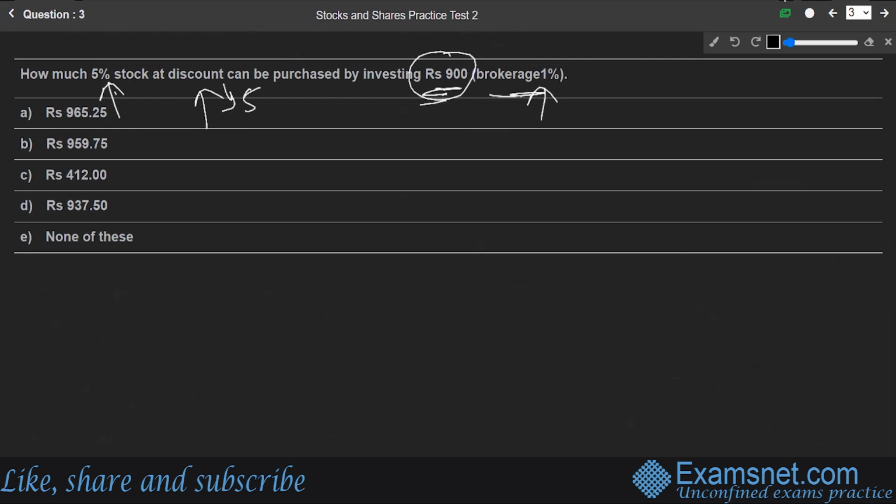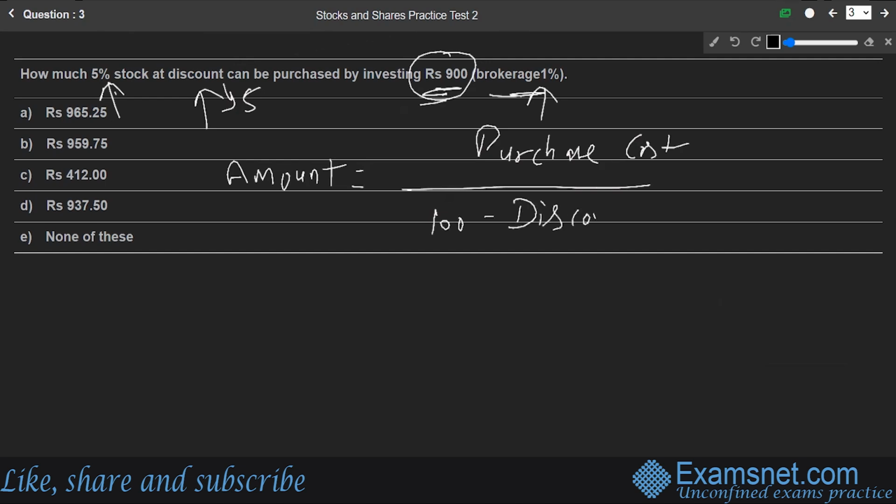So we can use our formula for the amount being invested. The formula is a very simple one: purchase cost divided by 100 minus discount plus the brokerage, and into 100. If we use this formula, we can put down the values.